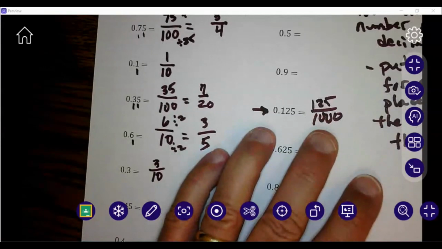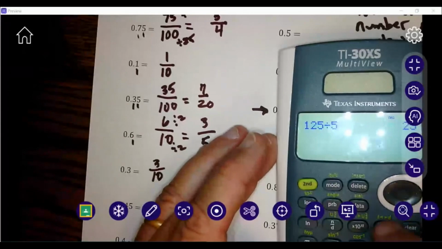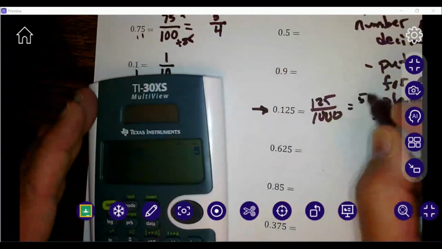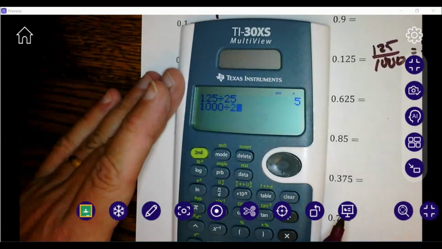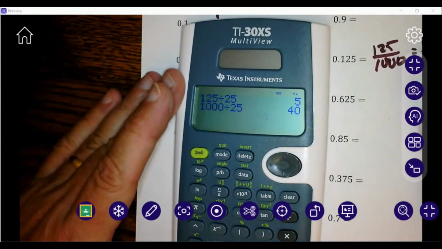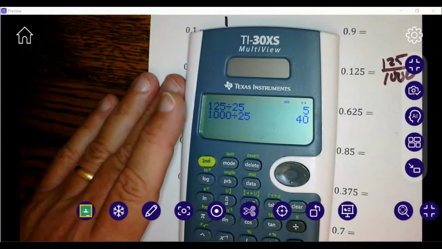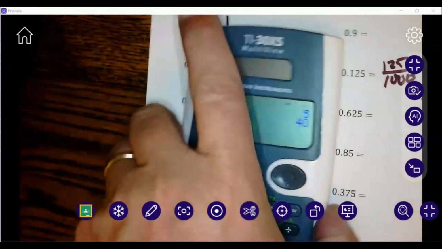And 25 goes into both of those. 125 divided by 25 is 5, and 1,000 divided by 25 is 40. But we can reduce that even further. You are correct, 5 will go into 5 once, and 5 will go into 40 eight times. So we get 1/8.